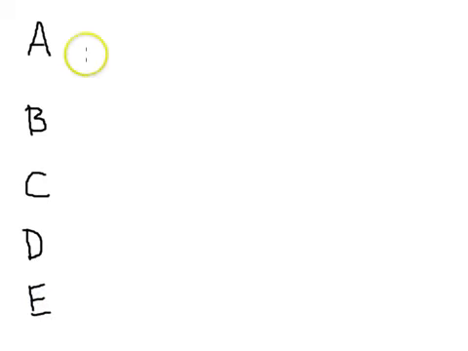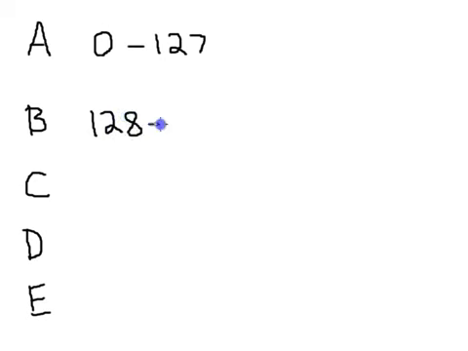Class A goes for the IP ranges where the first octet of the Class A addresses, or the first number before the dot, is 0 through 127. For Class B, you have 128 through 191.